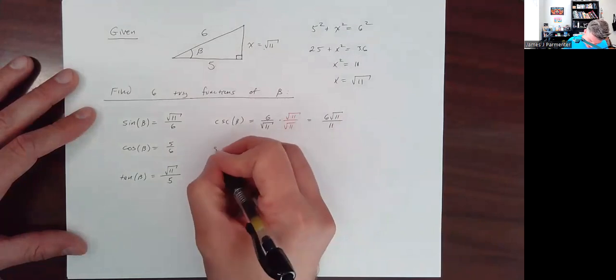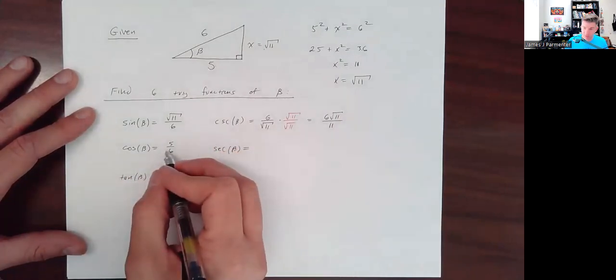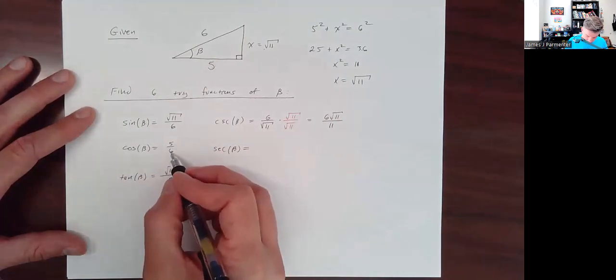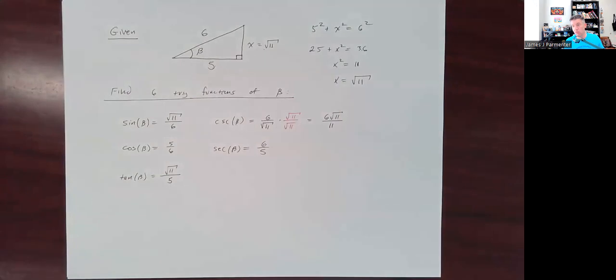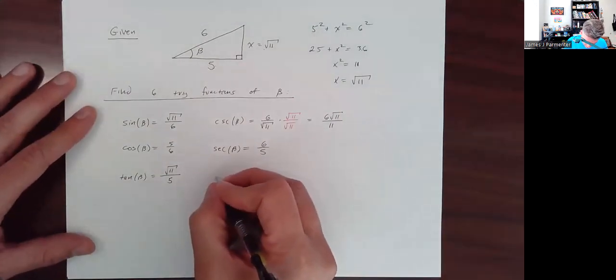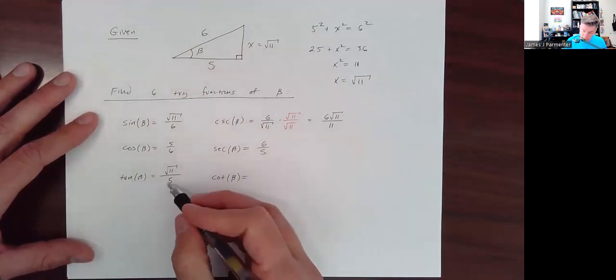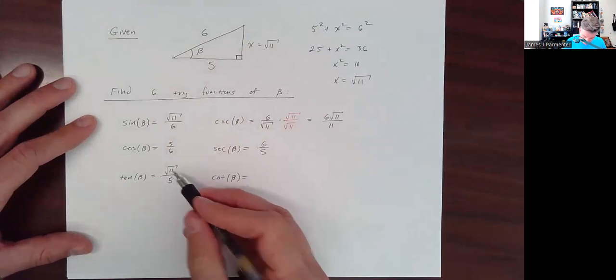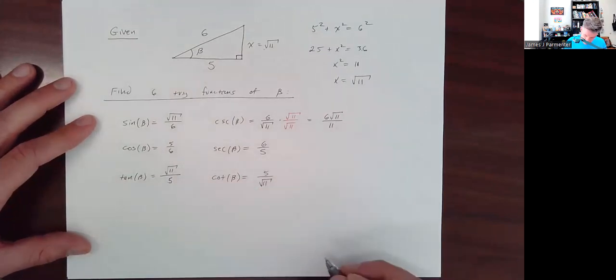And then same deal for secant. Secant of beta is the reciprocal of cosine of beta, which will be hypotenuse over adjacent. That one we don't do anything with. You could write that as a decimal if you preferred to, but I would leave it as a fraction. Finally, cotangent of beta is going to be the reciprocal of tangent, so it'll be 5 over root 11, which is adjacent over opposite.